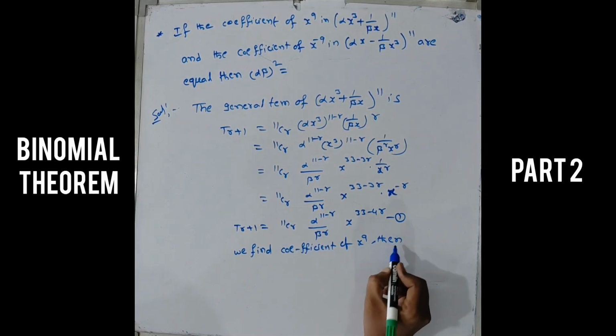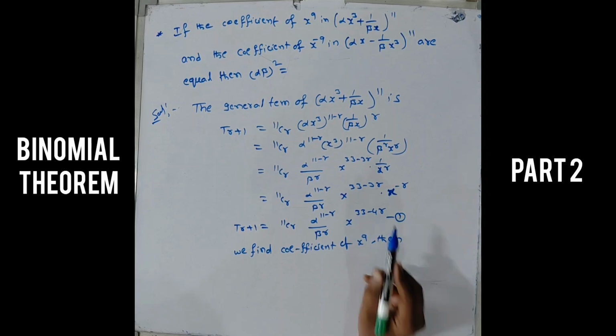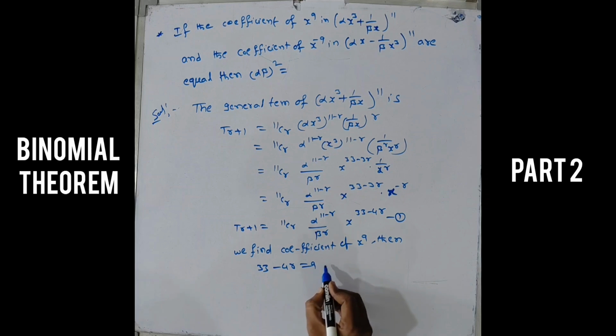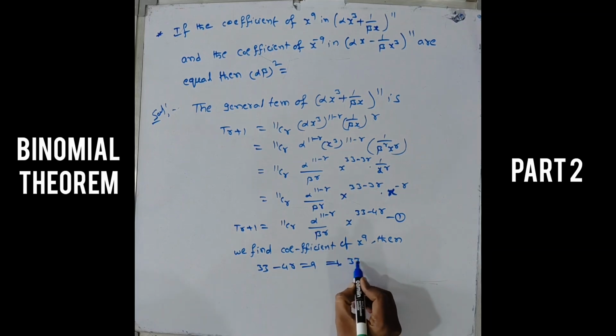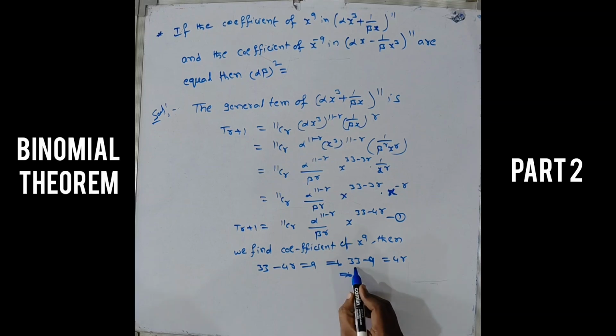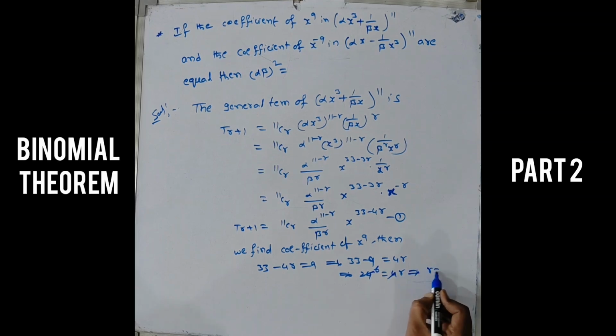Then 33 minus 4r is equal to 9. That implies 33 minus 9 is equal to 4r, 24 equal to 4r. 4 sixes are 24, r is equal to 6.